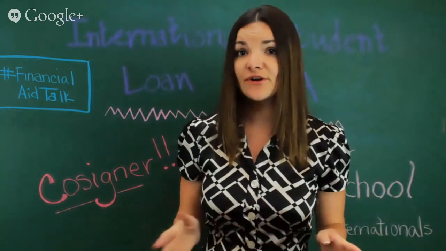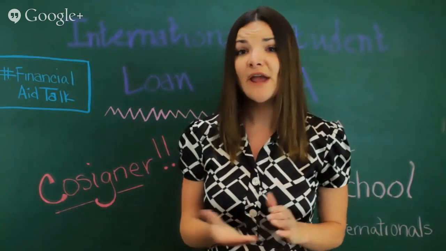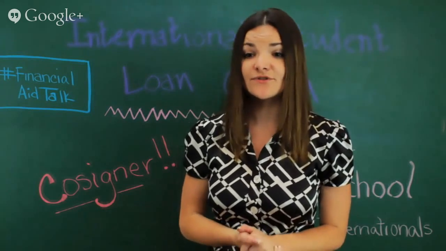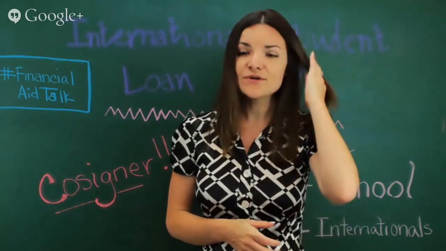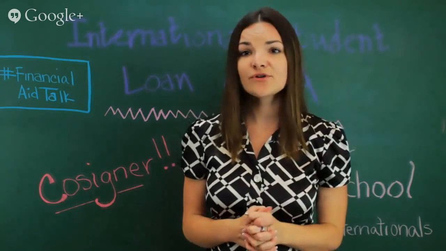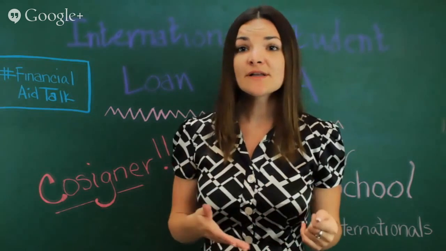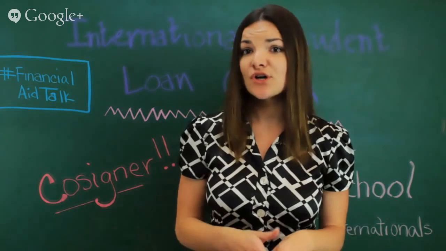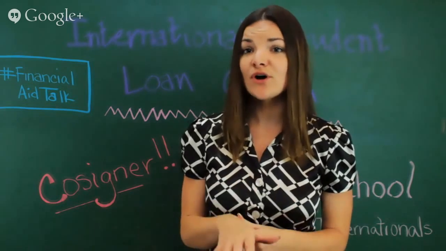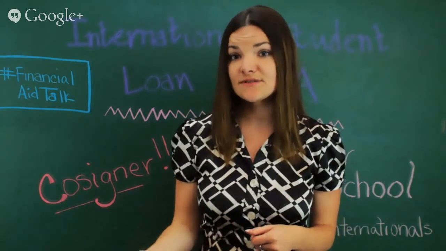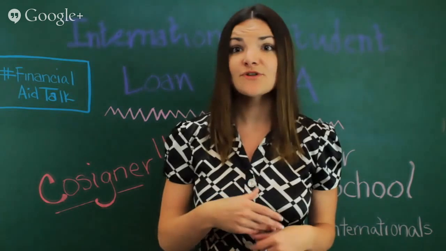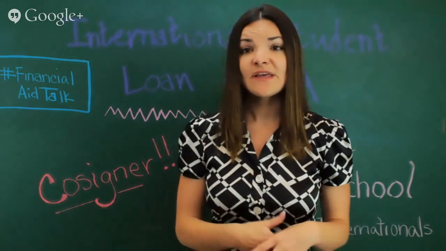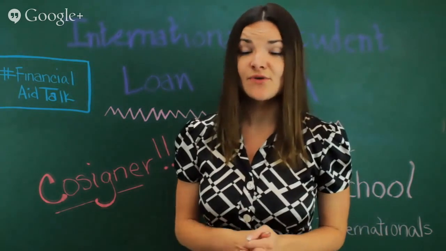So check with your lender for a range of interest rates that might be available to you. The cosigner can have a good credit score. Sometimes collateral is required, but not always. So the lender will contact you directly if those types of documents, collateral, are needed. They'll contact you directly and let you know that after you apply.